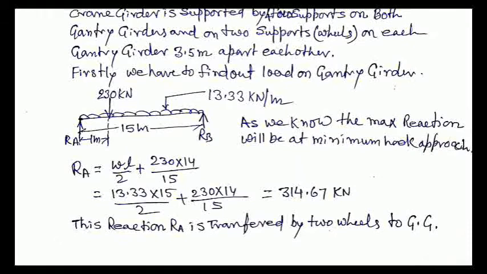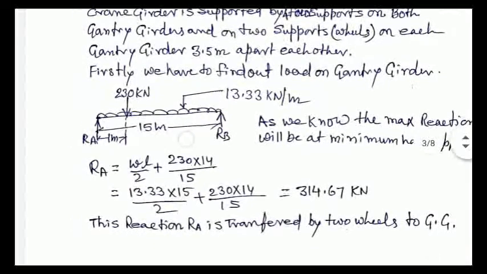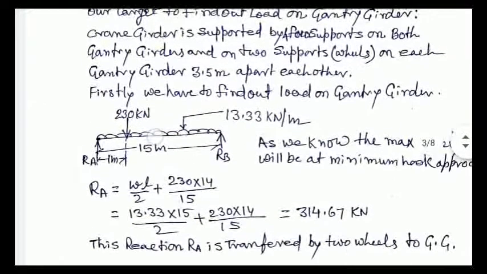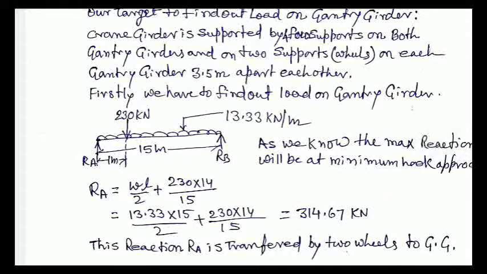So firstly, we have to find out load on the gantry girder. We can see here, this is crane girder and this is self weight of crane girder 13.33, and a load by the crane or trolley is imposed on both of the crane girders, that is 230 kilonewton.